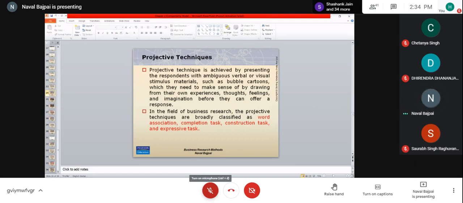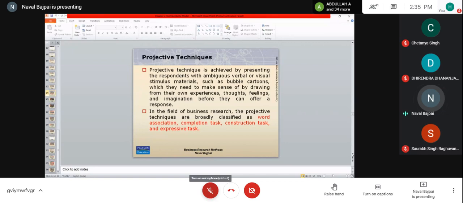Projective techniques: word association, where I give a word to somebody and that person writes something pertaining to that word. Suppose I say "budget", and you say we like it or we don't like it; by that I would understand your understanding of the budget.